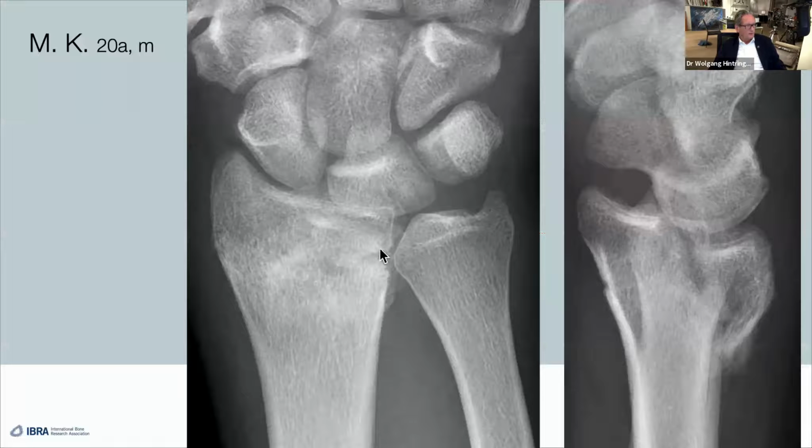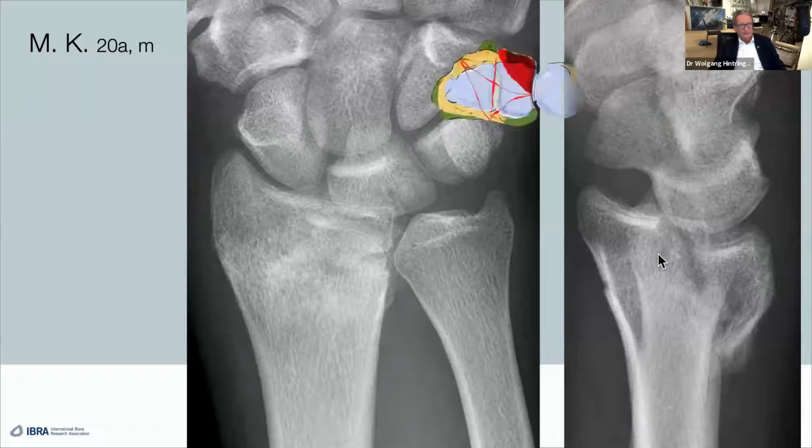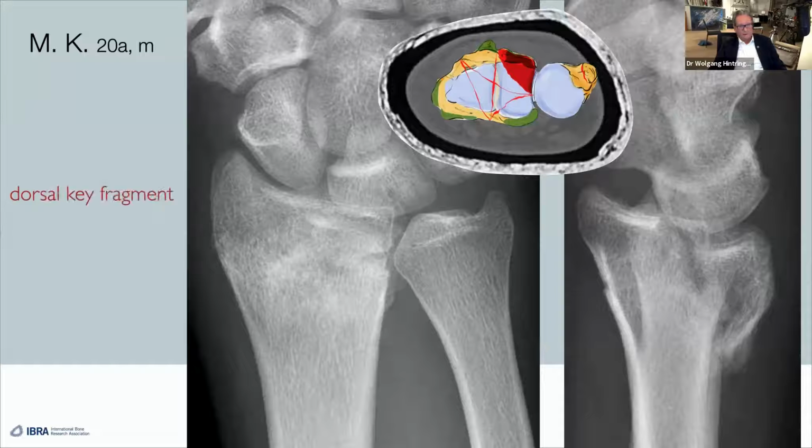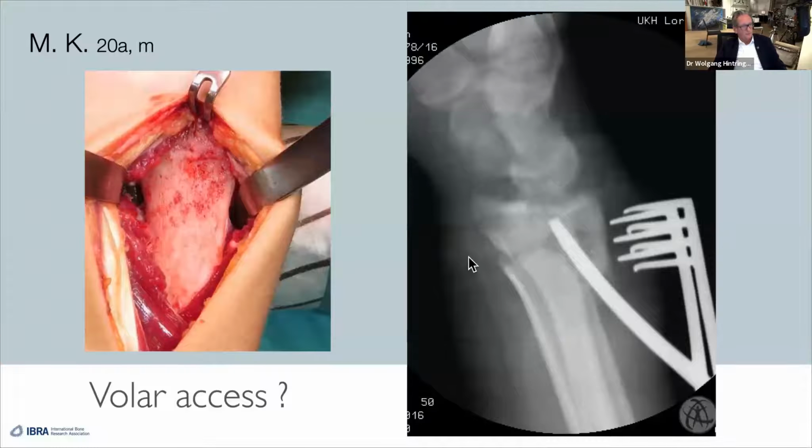So one case here, you see a 20-year-old male who has a fracture here on the dorsal side, and it is clear it is a dorsal key fragment. And the surgeon opened it from the volar side.